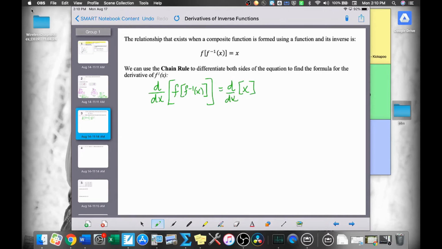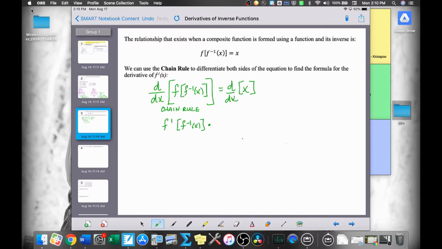And now I take the derivative of the left side of the equal sign, and I take the derivative of the right side of the equal sign. Well, on the left side, I have a composition, so I know that this is going to be chain rule. So I know I'm going to have the derivative of the outer. The outer function is f, so it's going to be f prime of the inner, so f prime of f inverse of x, times the derivative of the inner.